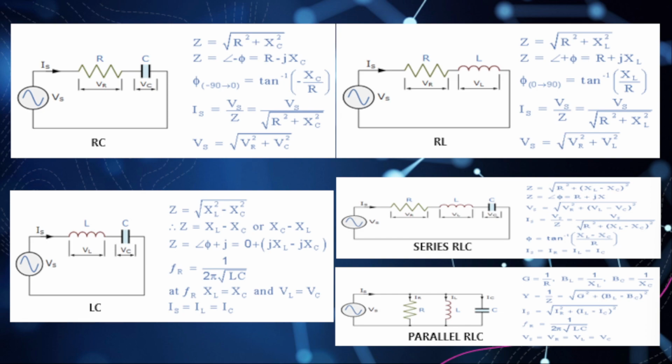RLC circuits can also be used as band pass filters, band stop filters, and in both low pass and high pass filtering as well. So what I really want you to understand is we begin to see how significant these passive devices are in an AC circuit. And as you spend more time working on such circuits, you begin to build an understanding of what these components are being used for in their circuit and the effect that they will have within the circuit.